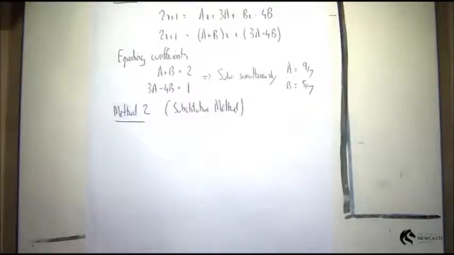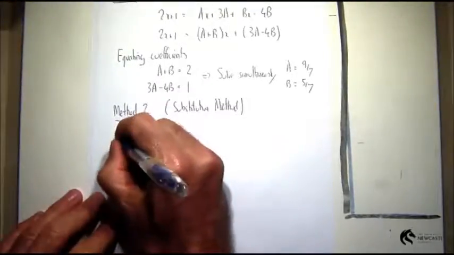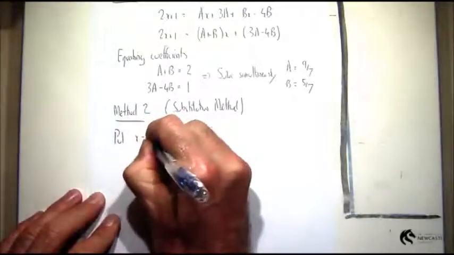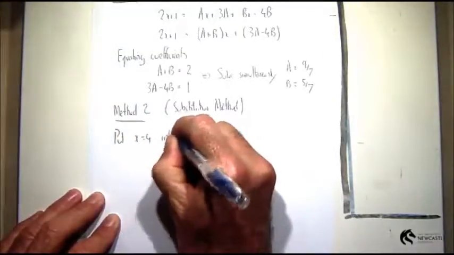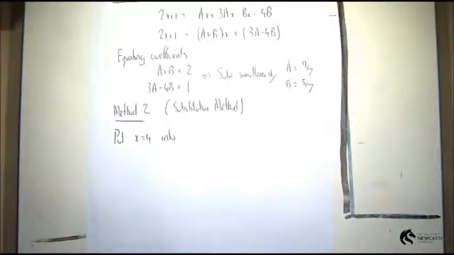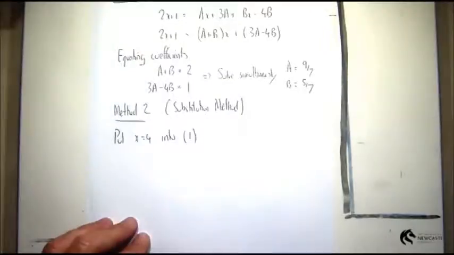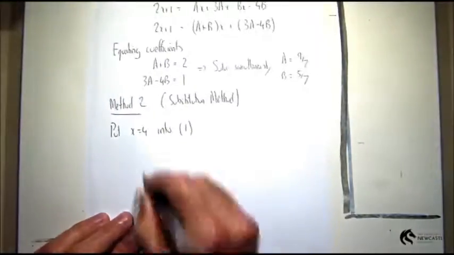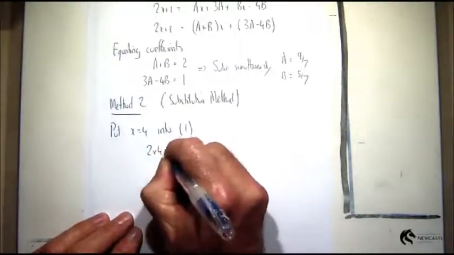Well, let's have a look. So I shall put x equal to 4 into, and I better give it a name, let me call that equation 1 just so that we know what I'm talking to. If I call that equation 1, if I put x equal to 4 into equation 1, then on the left-hand side I have 2 times 4 plus 1.